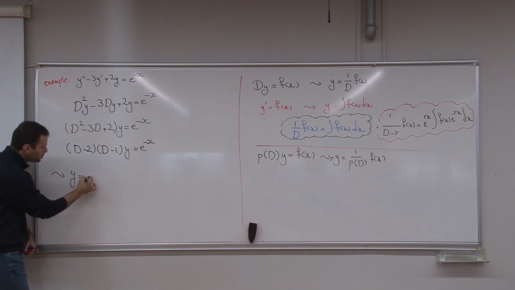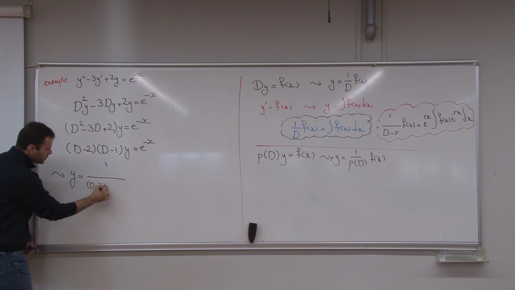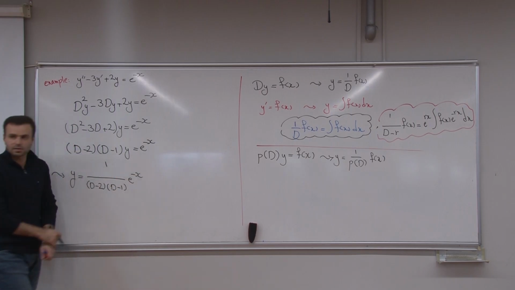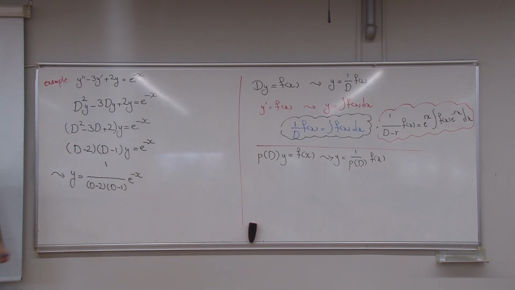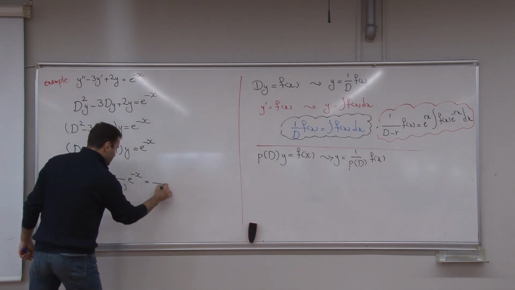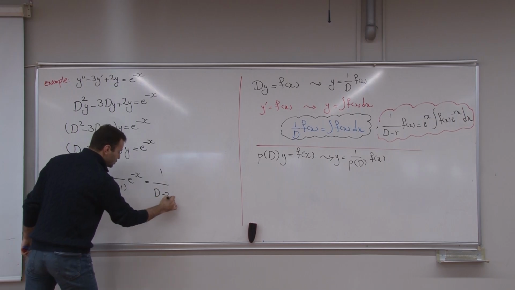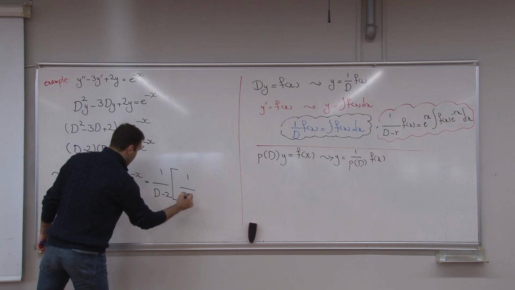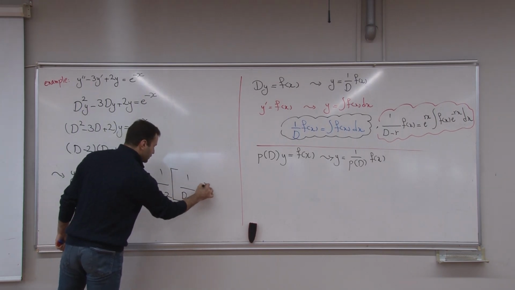Our y is going to be 1 divided by D minus 2, D minus 1, e to the power of minus x. What is this? I can actually write this down as 1 over D minus 2 applied to 1 over D minus 1 e to the power of minus x.